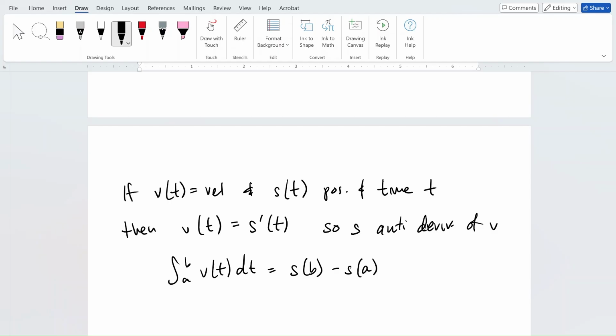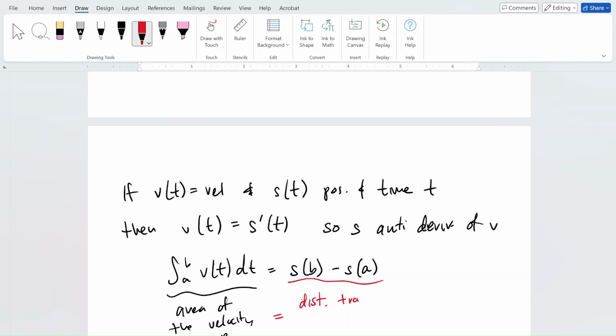So this would be area under the velocity curve, which is as simple as seeing it as it equals the distance traveled from a to b.